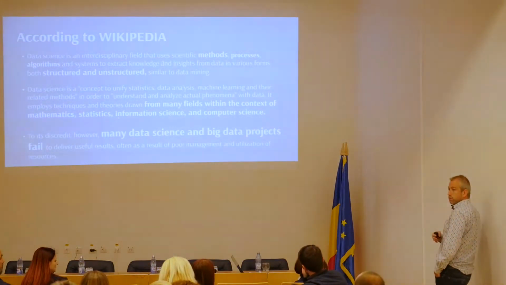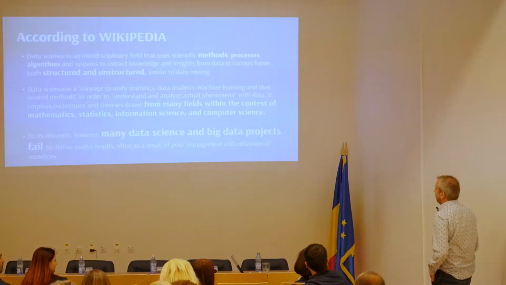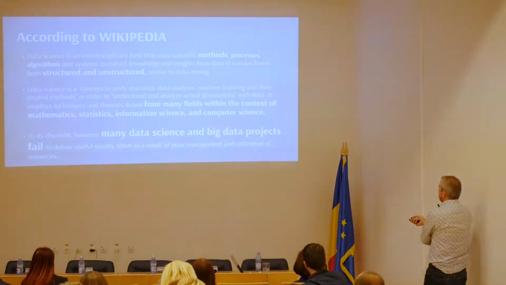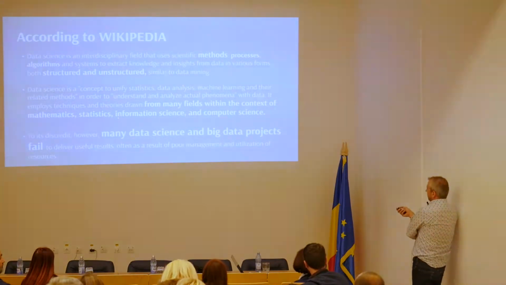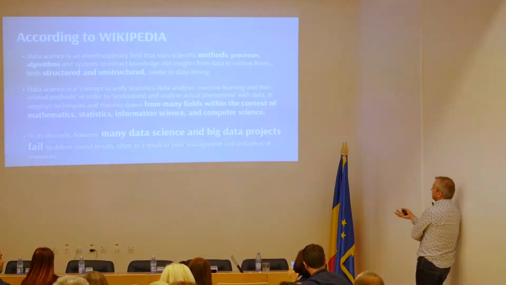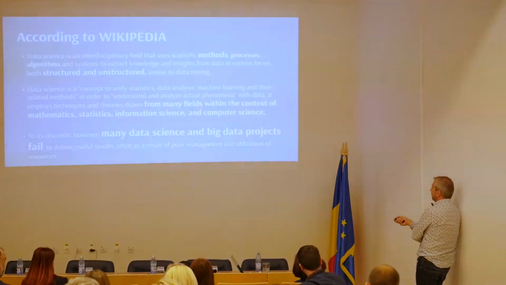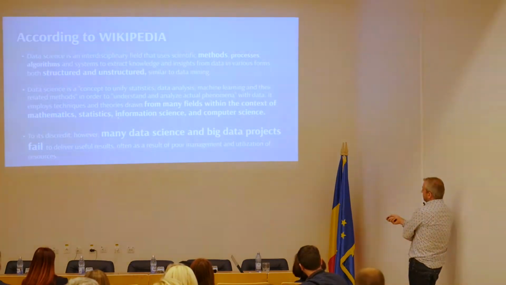Unstructured, you could think about information, for example, from files that contain something, but you don't know exactly what that is. That kind of concepts, that's around the unstructured part. This is the difficulty. It's really a lot of fields that you need to combine within the concept of mathematics, statistics, information science, even some computer science. Yeah, but this is the whole hassle.